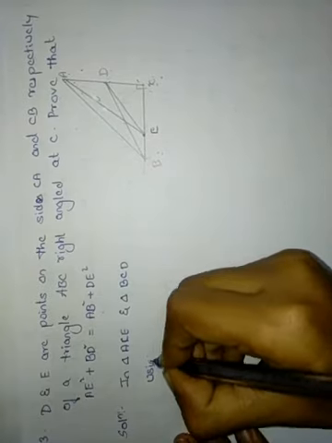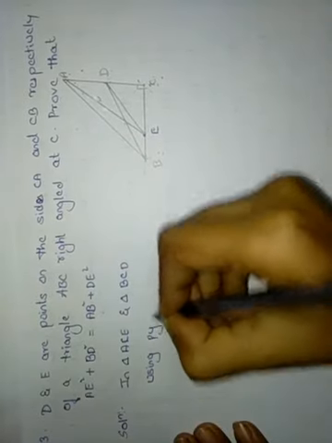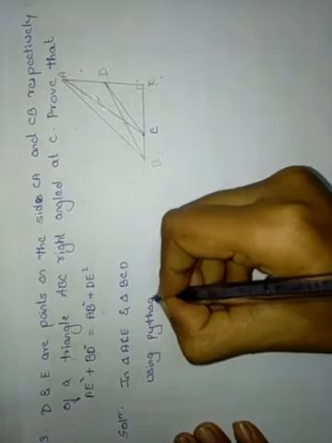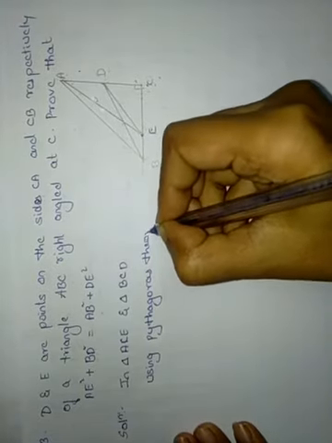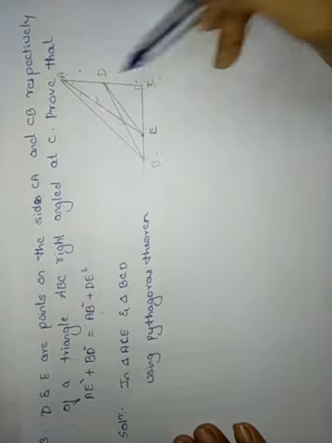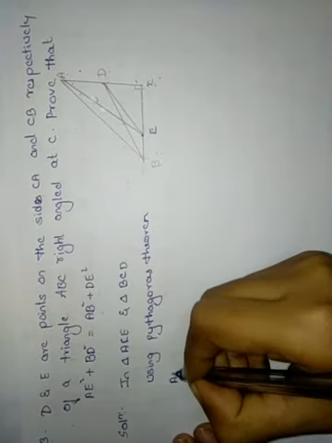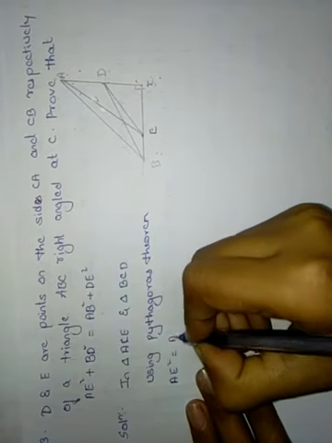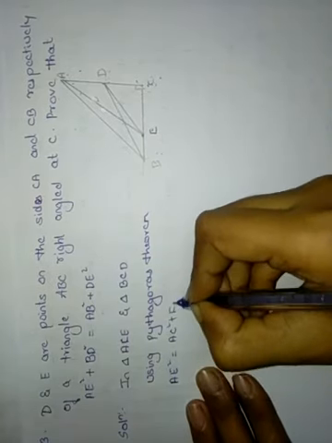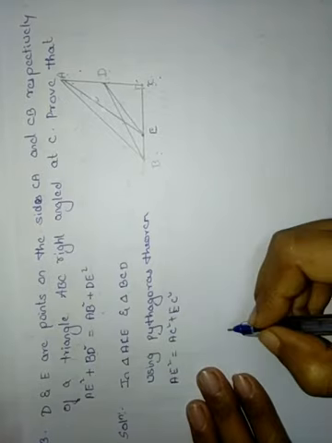Using Pythagoras theorem, the hypotenuse of the triangle ACE is AE square equals AC square plus EC square, isn't it?